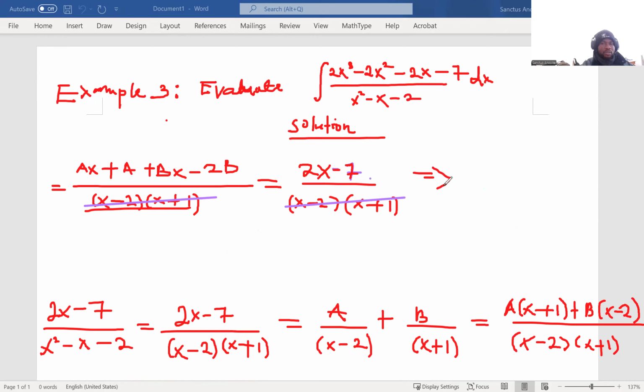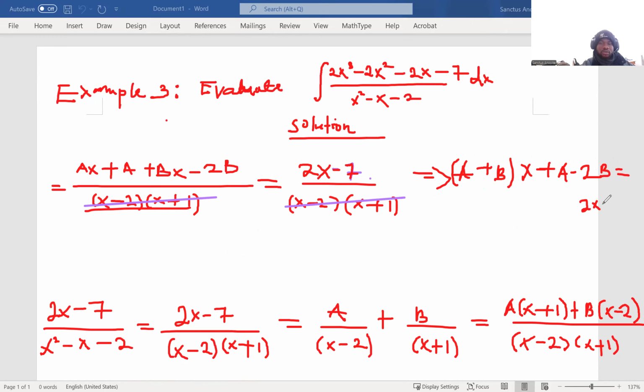We now say this implies that A plus B, bracket x, then A minus 2B is equal to this.